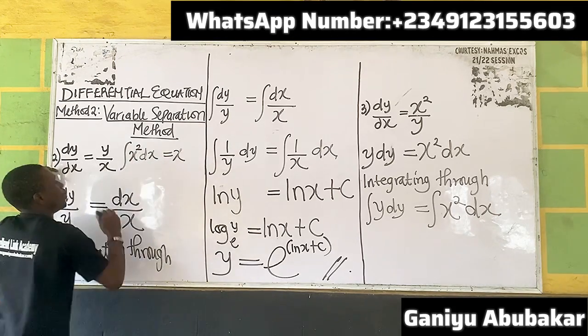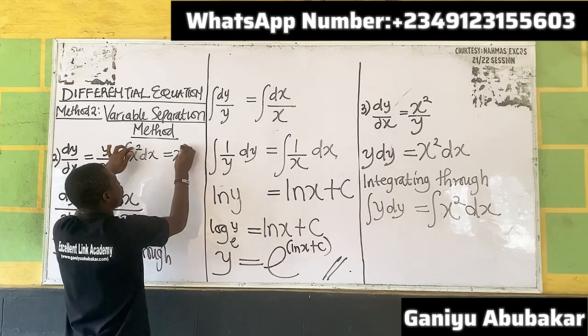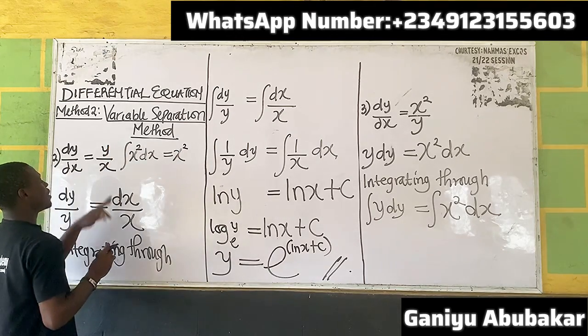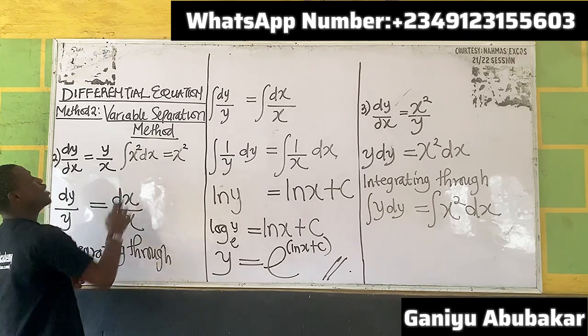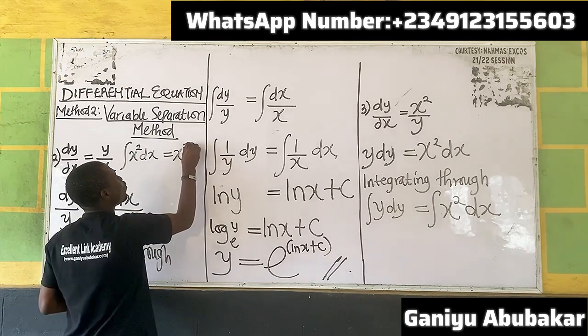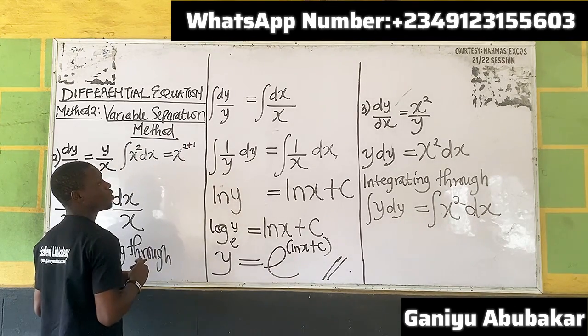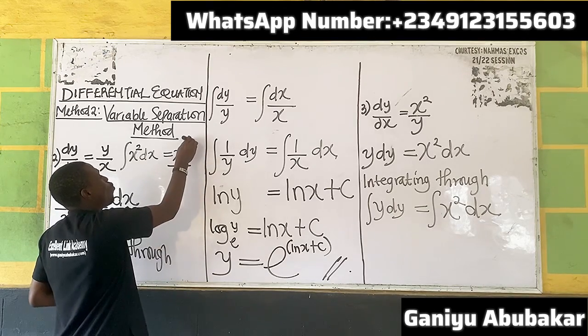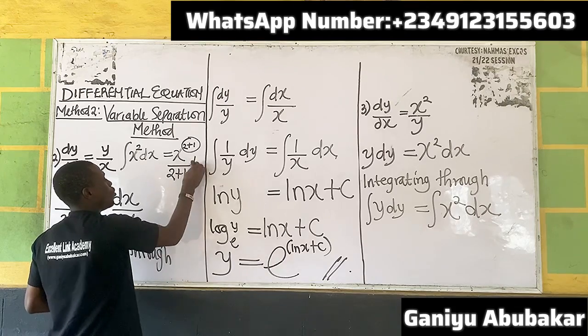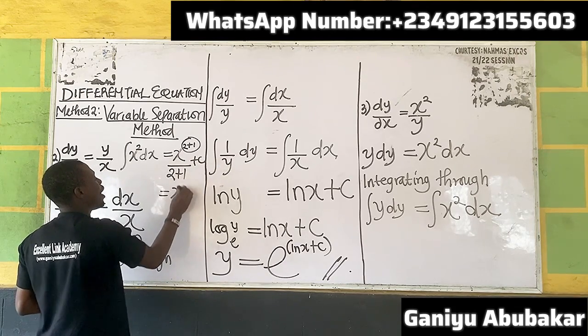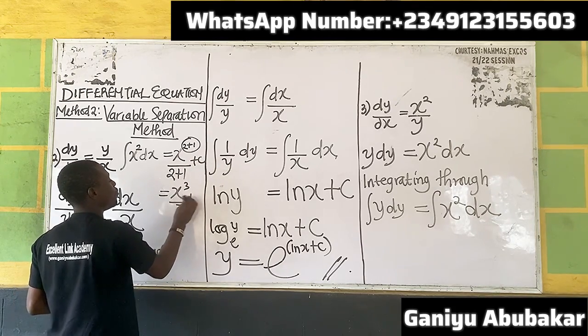This gives you x squared. If I want to integrate x squared with respect to x, repeat the x squared, add 1 to the power, all over whatever you're having in the power, repeat it down, 2 plus 1, then plus c. This gives you x cubed over 3 plus c.